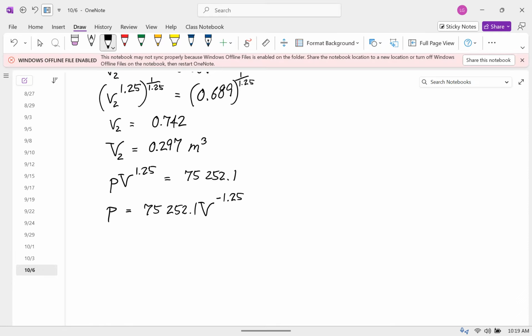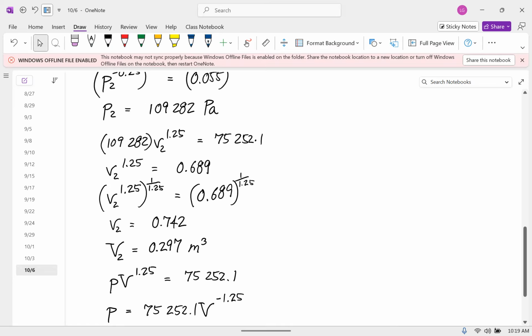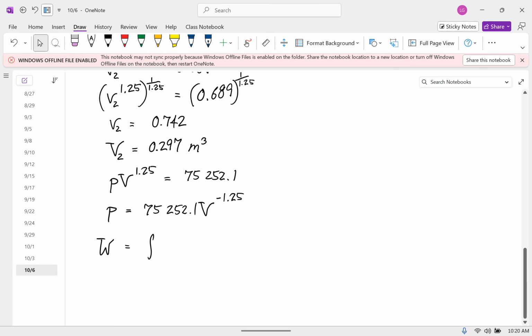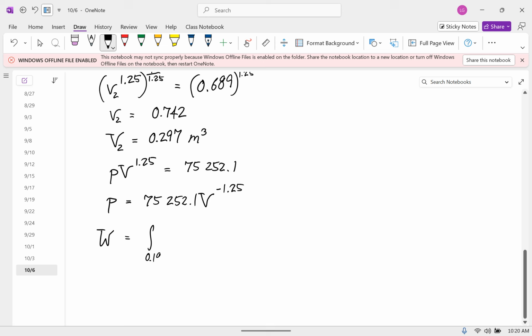And now finally we can say that the work of expansion is the integral from the starting volume of 0.183 to the ending volume of 0.297 of 75,252.1 times V to the negative 1.25 dV.